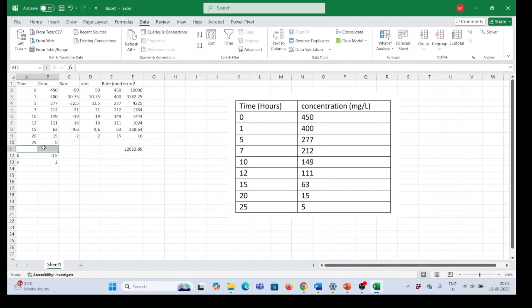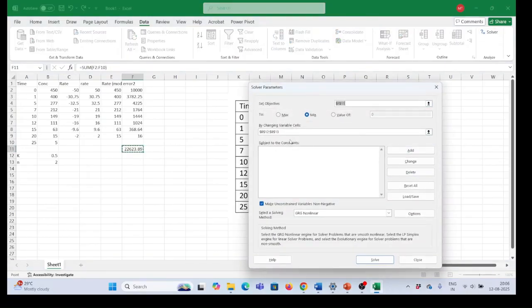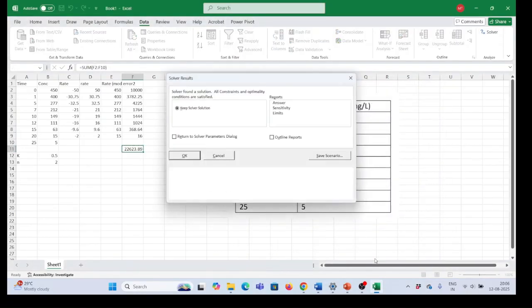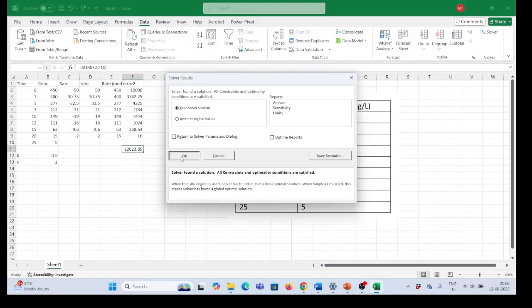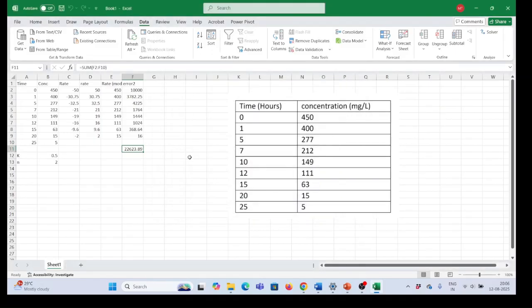Because here there is no value, so there is no point in solving this part. Maybe that was the error. We'll see. Again, some issue is there. I'll check and let you all know in the next class.